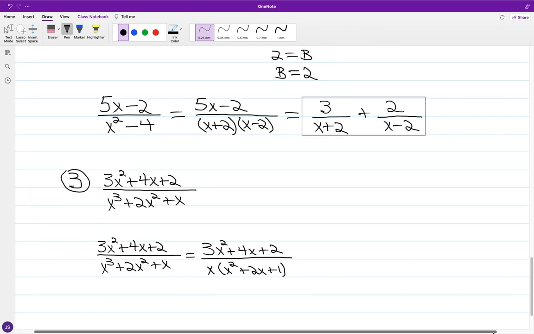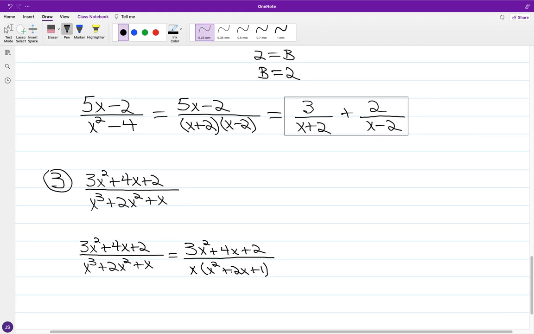And with x squared plus 2x plus 1, I can factor this, and this is a case of what we have with the squared trinomial. So for x squared plus 2x plus 1, you have x plus 1 times itself. So you can say we have x plus 1 raised to the second.